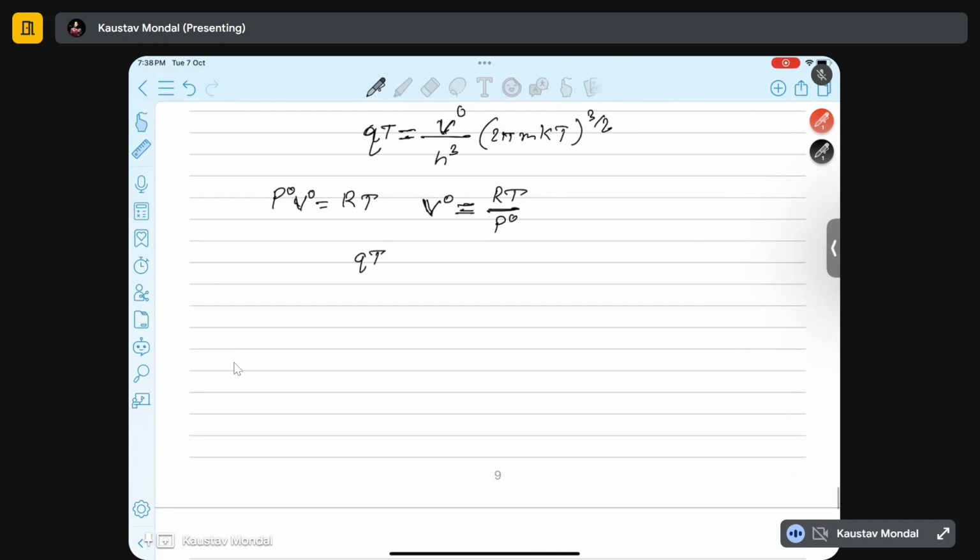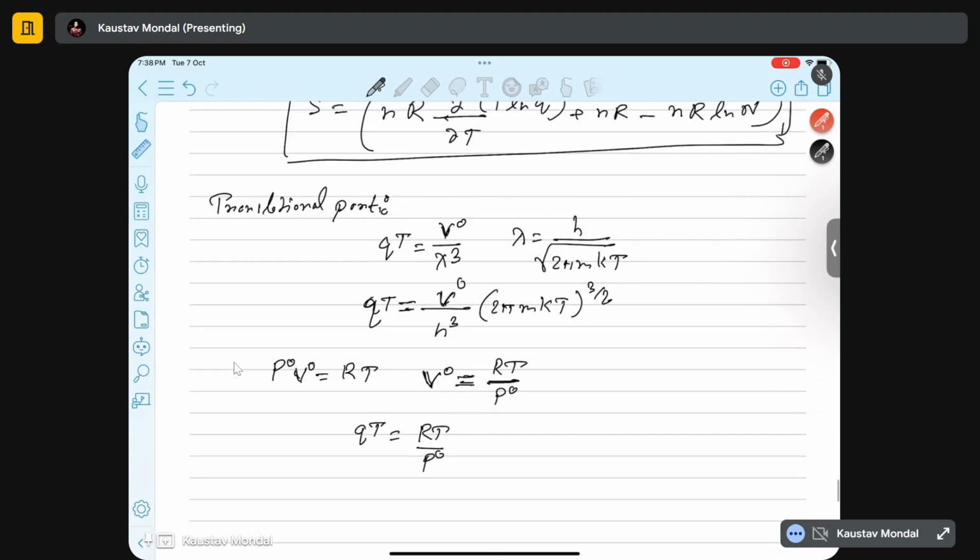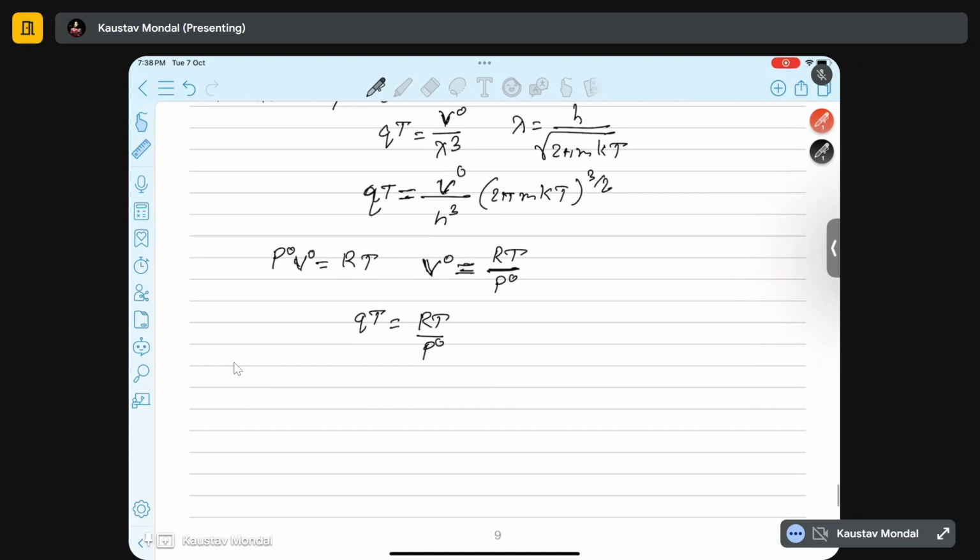So qt you can write as RT by P0 into 1 by h cubed into (2 pi m kT) to the power 3 by 2, right?